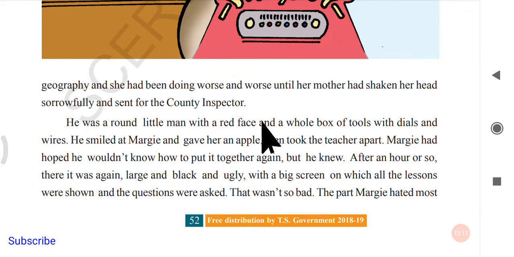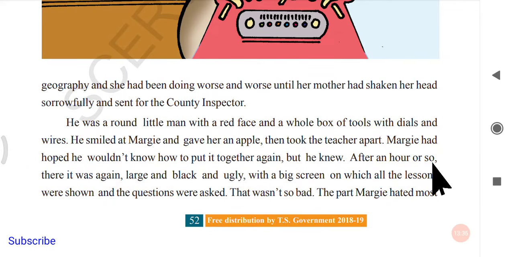Dials in the sense just like keypads and keys and all. And wires. So he smiled at Margie and gave her an apple, then took the teacher apart. Margie had hoped he wouldn't know how to put it together again, but he knew.